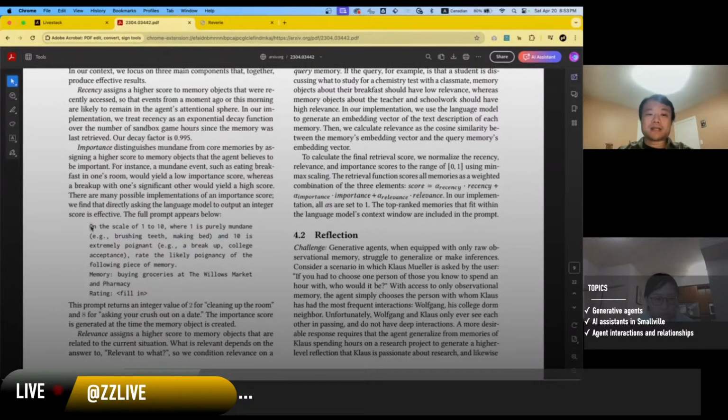Oh, so this is computed before the fact. So you mean when the memory is generated? Yeah, it's just a universal importance score, like how important this event is to the person. Well, if you have already sort of, based on memory, given memory, and this current event.